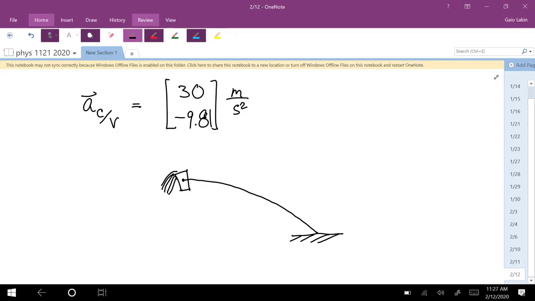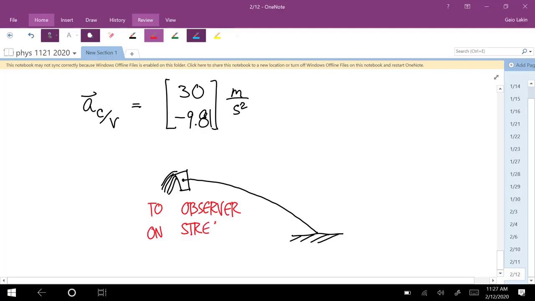So to an observer on the street, the coffee is just in projectile motion.